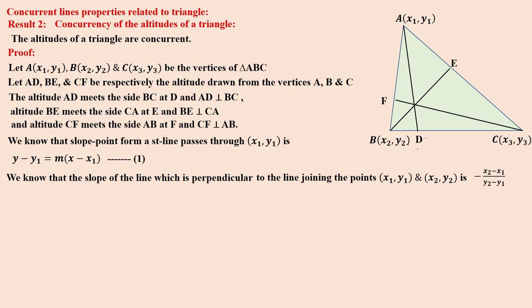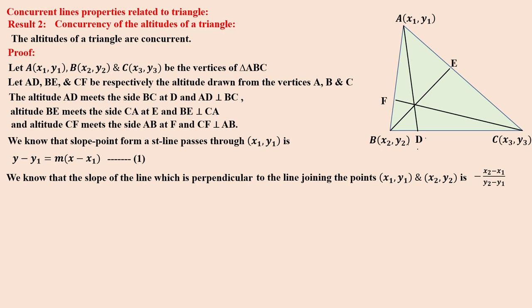Normally the slope of the line joining (x1, y1) and (x2, y2), by the two-point form, is (y2 minus y1) by (x2 minus x1). But here the line is perpendicular to it, so the slope is minus the reciprocal of that, which is minus (x2 minus x1) by (y2 minus y1).